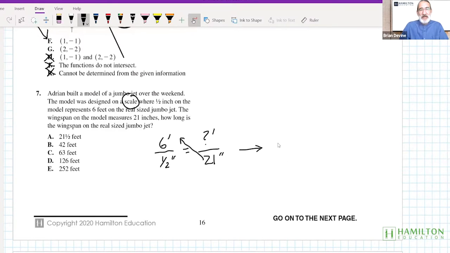I'm going to get 2 times 6 times 21, which I did in my head ahead of time, is whatever the question mark is. So what's that going to be? 6 times 42 is 252. So the real jumbo jet has a 252-foot wingspan, E.